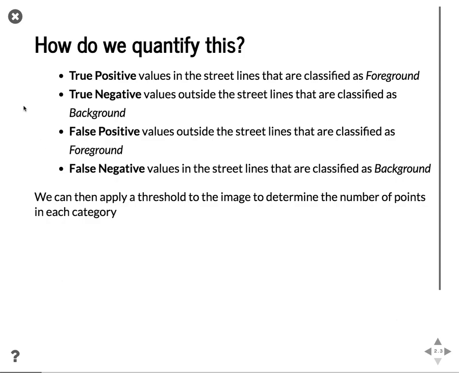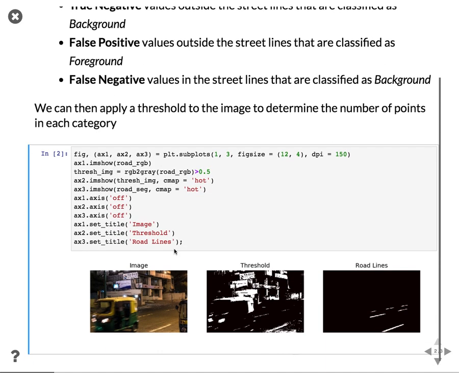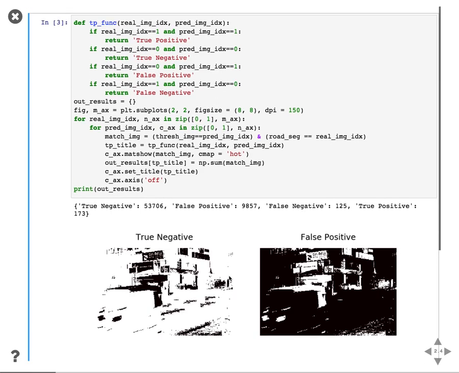But for images, it also works quite well, where we can now see we have an image. We take an arbitrary threshold here, a value of 0.5, and then we have these road lines. Once we've done that, we're now able to group everything into true positive, true negative, false positive, false negative.